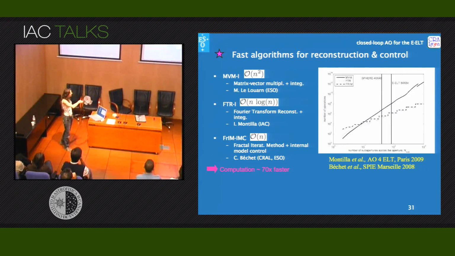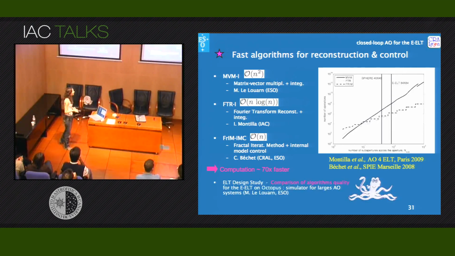The matrix vector multiplication, which is the reference algorithm, has already computed this matrix and stored it. And it only has to apply it to the data, usually in parallel, to get the wavefront.